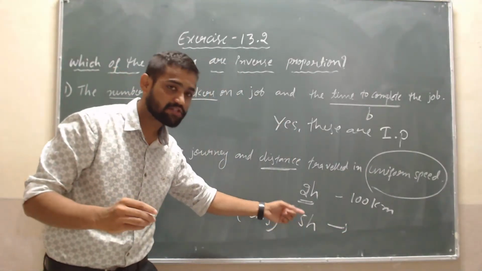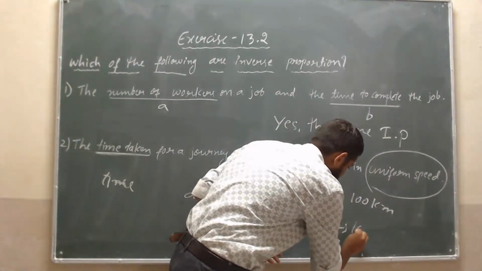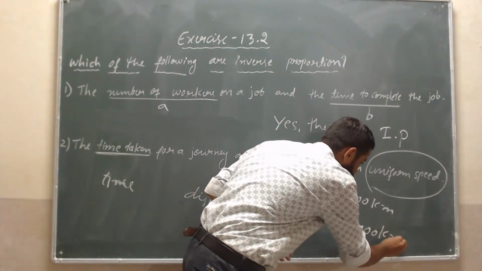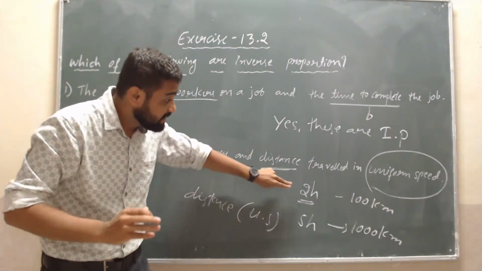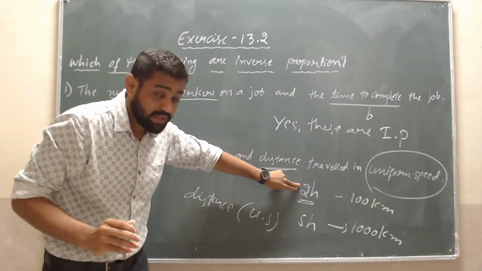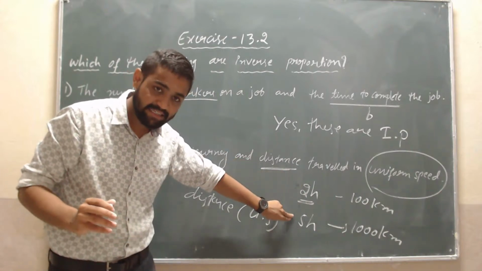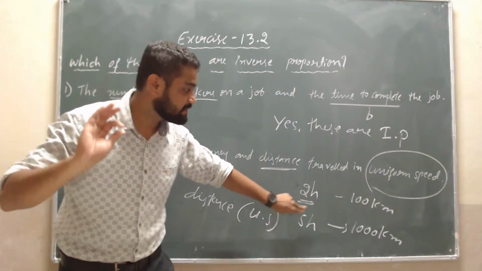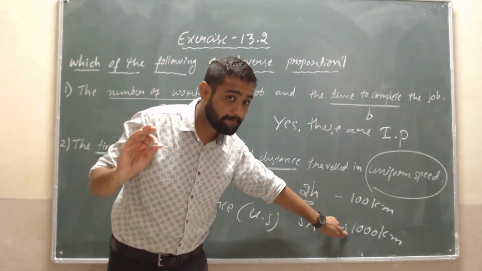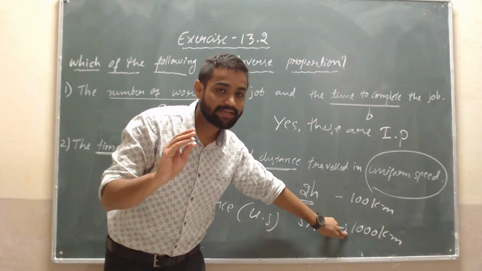Then if I take 5 hours to complete 1000 km, whatever it may be. Now concentrate here. The time is increasing as well as the distance is also increasing. Are you getting my point?